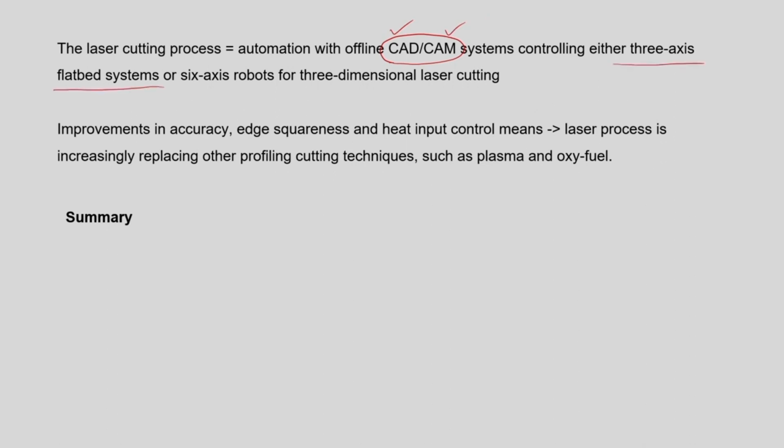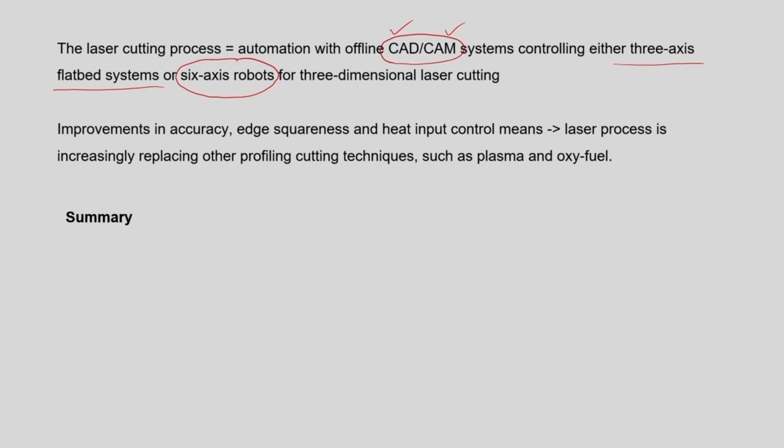Then there are various CNC machine tools available which have the capability to move in XYZ directions, 3-axis movement, or industrial robots, the 6-axis robots, are employed in the industry along with the laser technology, so that the laser can be used for cutting or welding purposes.